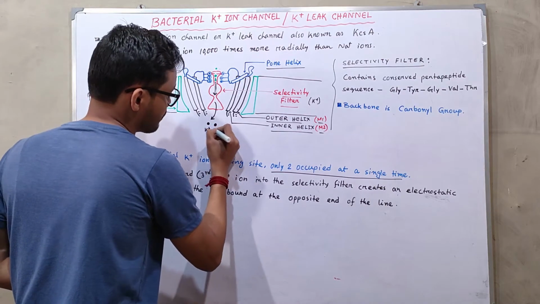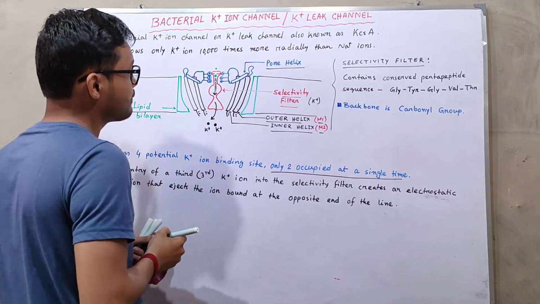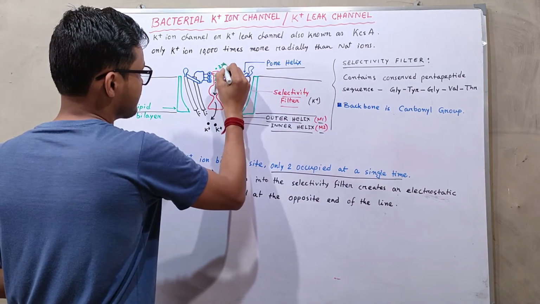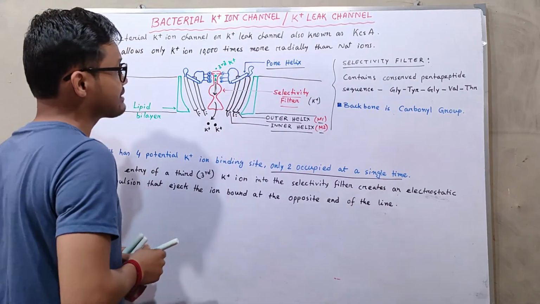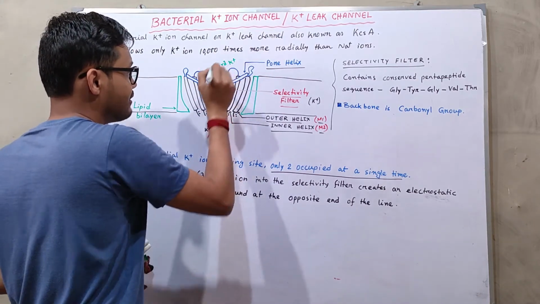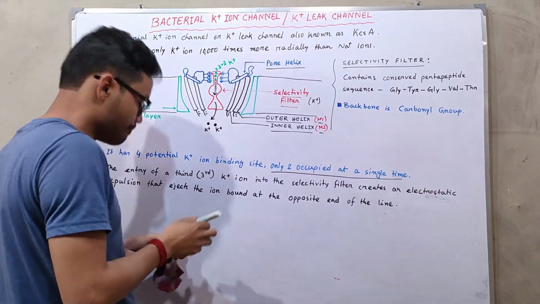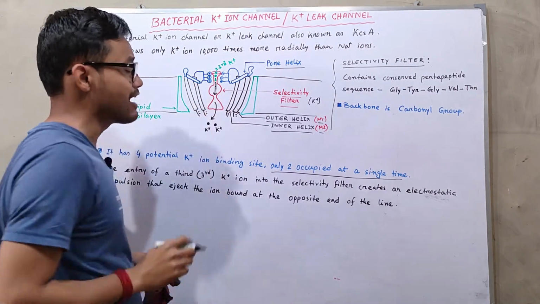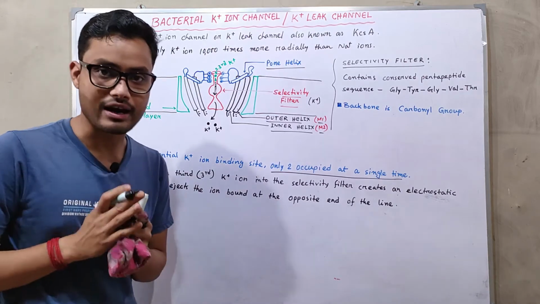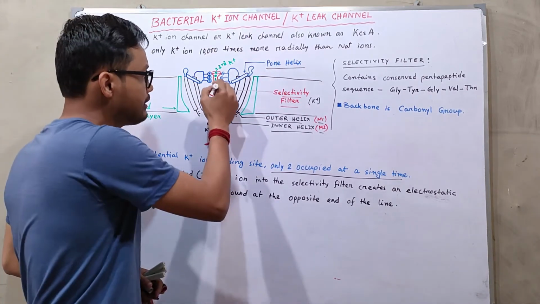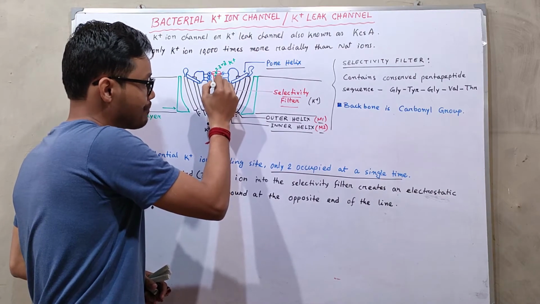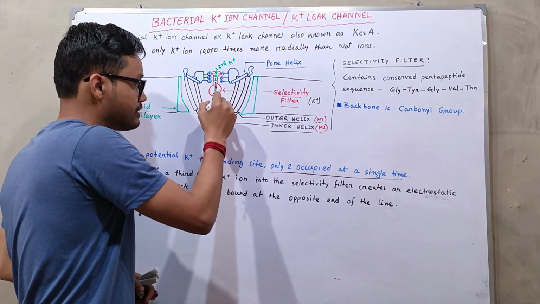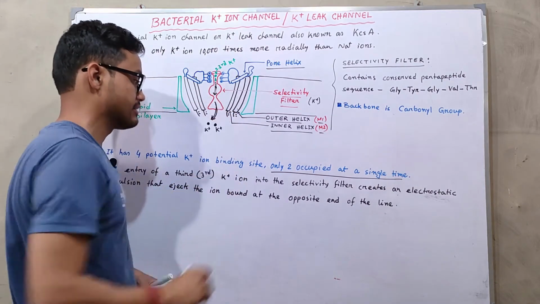So whenever this third K plus enters the selectivity filter, number 1 and number 2 K plus are still there, and the electrostatic repulsion helps detach these K plus ions. A huge force is created, and by it one K plus exits from the inner side.